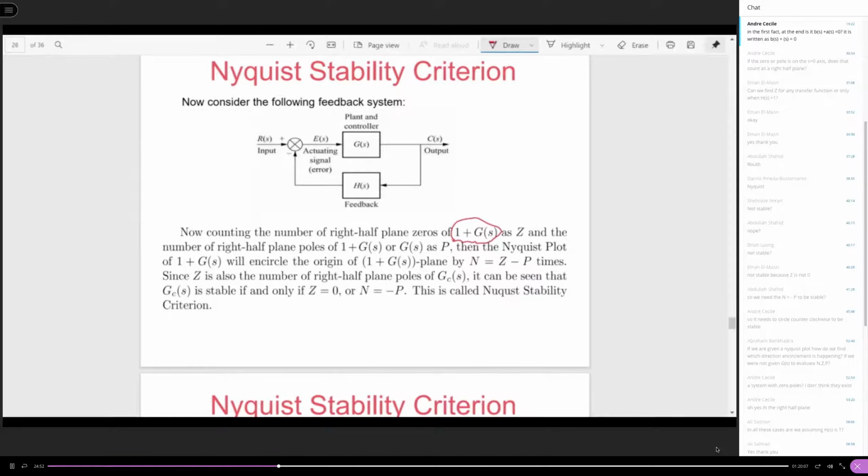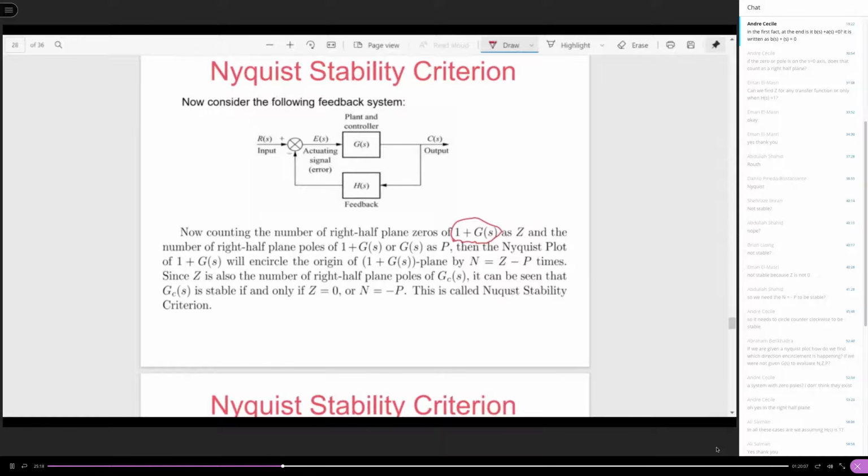This is okay, it's just another transfer function. If you know how to evaluate a transfer function's Nyquist plot, it doesn't matter which transfer function from this feedback control system you evaluate. So evaluating 1 plus g of s is just like a normal transfer function.